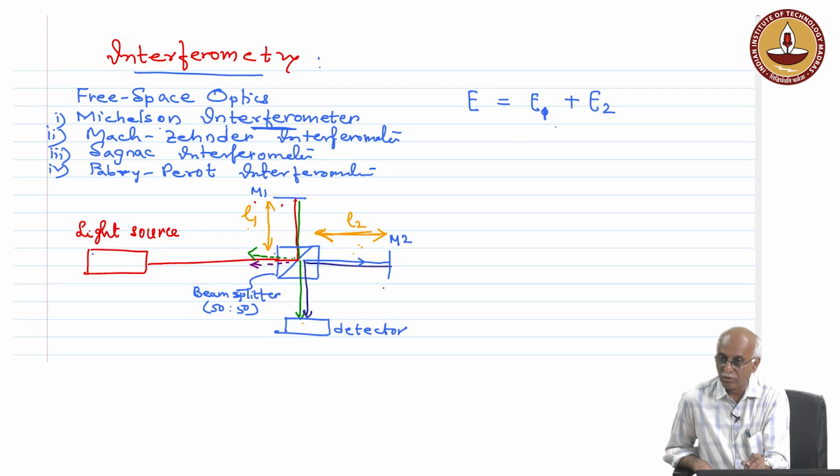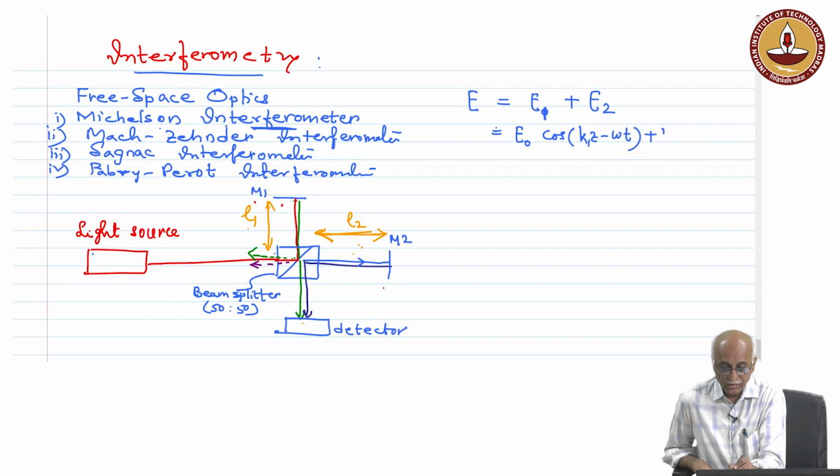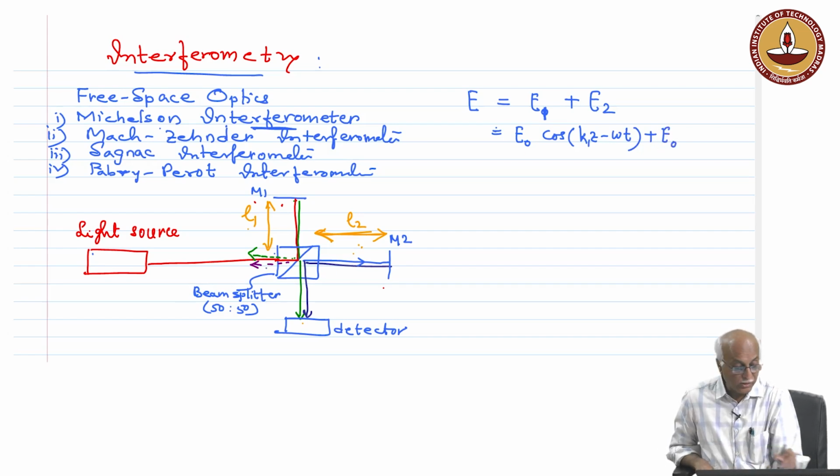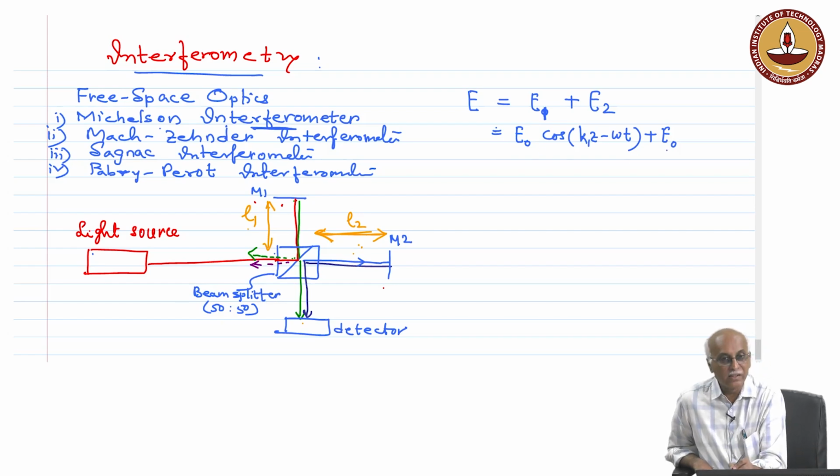So this is, let's say, E0 cosine of k1z minus omega t plus E0 cosine of k2z minus omega t. When we are using 50-50, both amplitudes are going to be the same. That's why I have taken the same amplitude for both of these waves, except that one wave is traveling a slightly different distance.